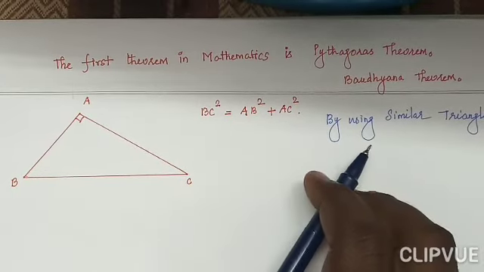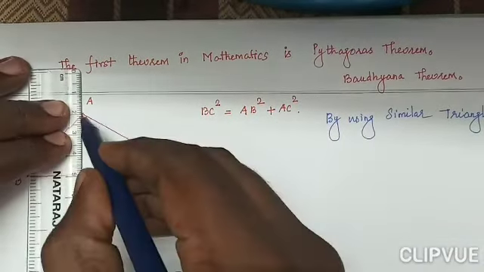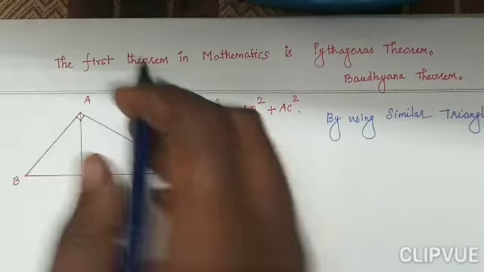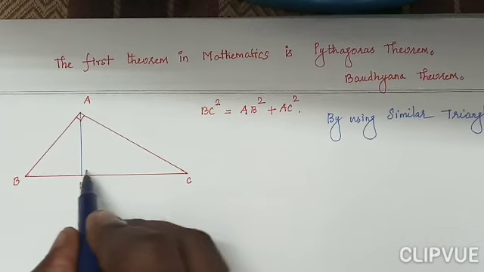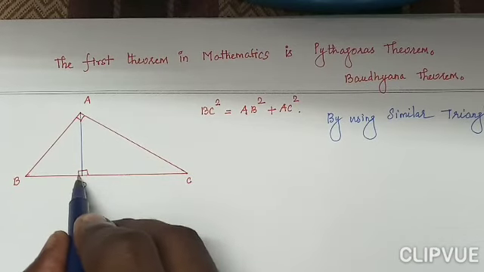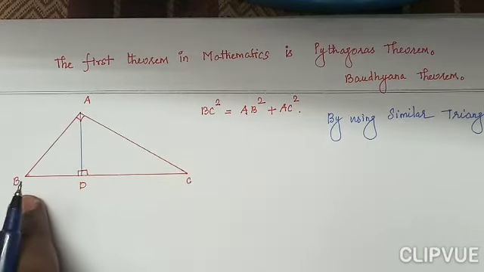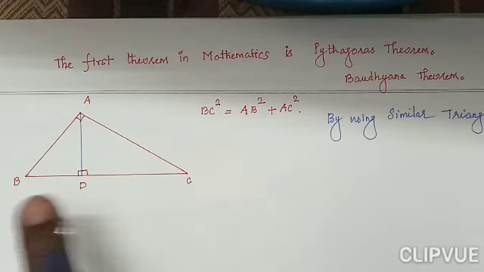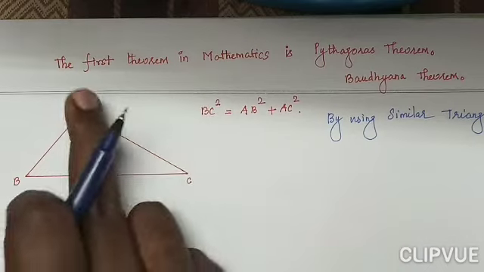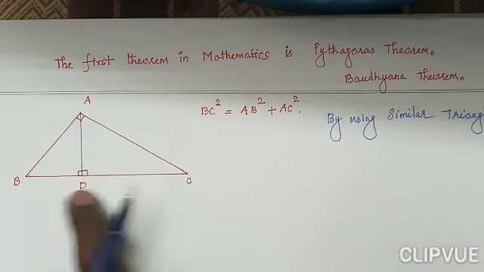Okay, so the construction: I have drawn AD which is perpendicular to BC. The straight line is perpendicular to the side BC. So it divides the triangle ABC into two triangles, namely ABD and ADC.